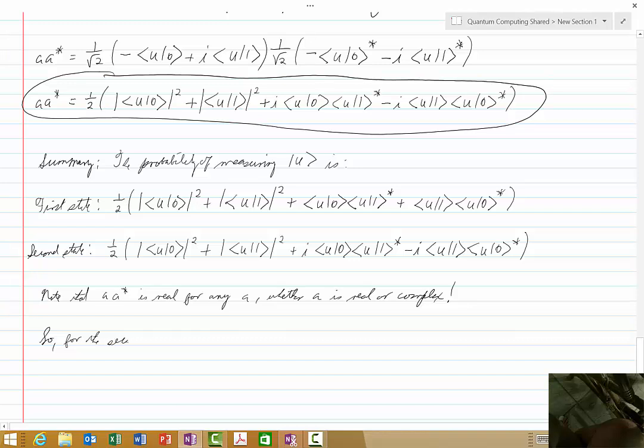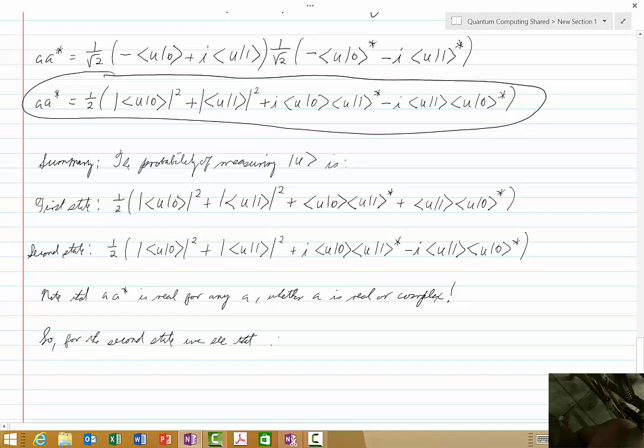So for the second state, we see that what's left over, we've already argued that this part has to be real, and this part has to be real, and of course the 1/2 out in the front has to be real. So that means that what is left in here must be real.